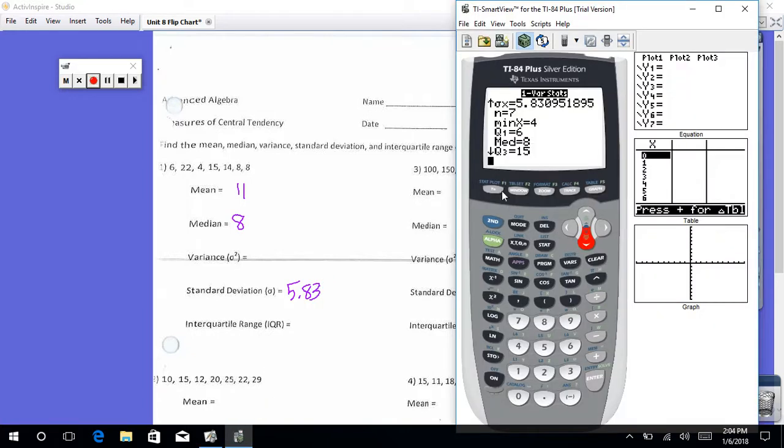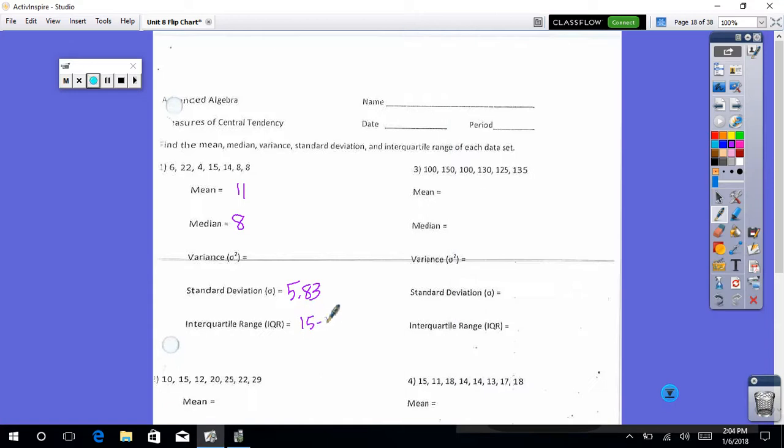Your interquartile range is also something that is not exactly listed in here. However, you see these two Q values right here? You subtract them. That's all you have to do. It's just like regular range, which is biggest minus smallest. This one is just going to be the range of your Q's. So we do 15 minus 6. So our interquartile range is actually 9.